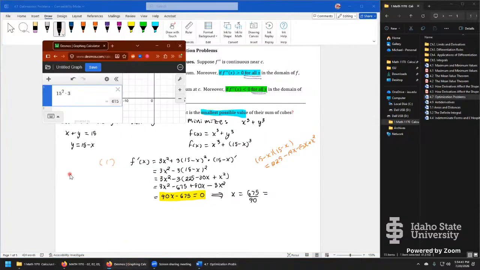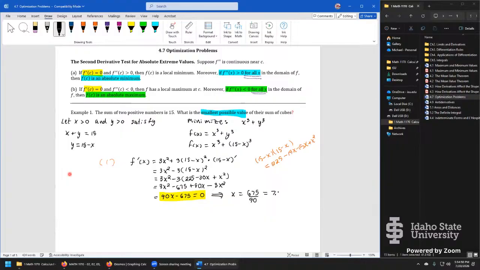And we're almost there, 675 over 90 comes out as a 7.5. So x equals 7.5 is the critical number of f. So we've got a critical number down. That means step 1 is complete. We're ready to go to the next step.